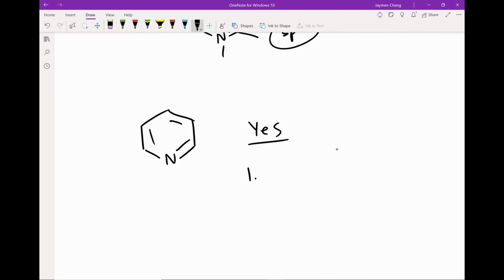First of all, is it a ring? Yes, it is a ring. Is it planar? Well, this is sp2, sp2, sp2, sp2, sp2. It's all sp2. It's planar. The second thing, is it a conjugated system? Well, yes, all these pi bonds are adjacent. So yes, it is conjugated.